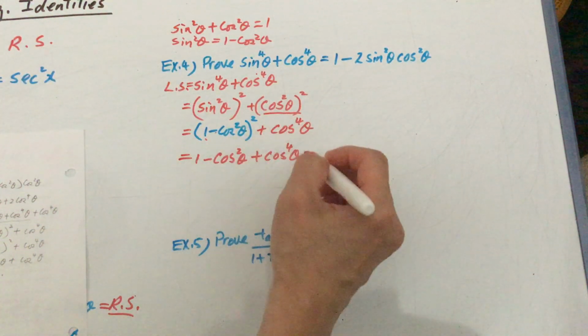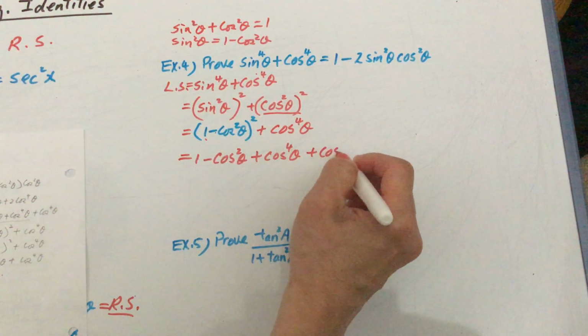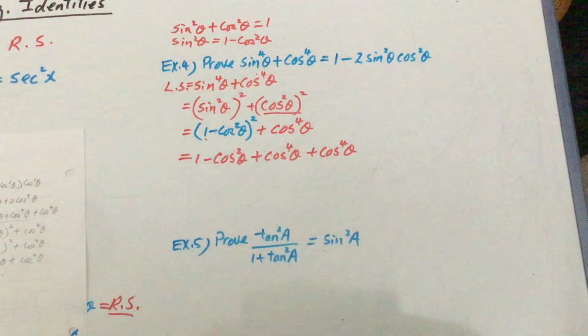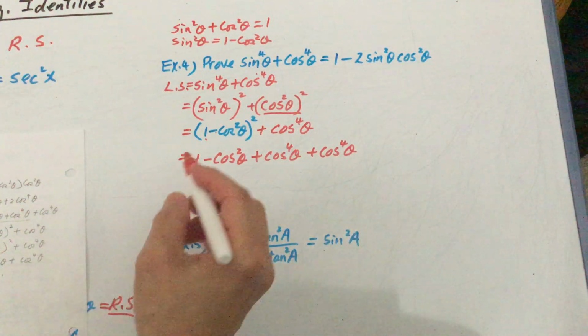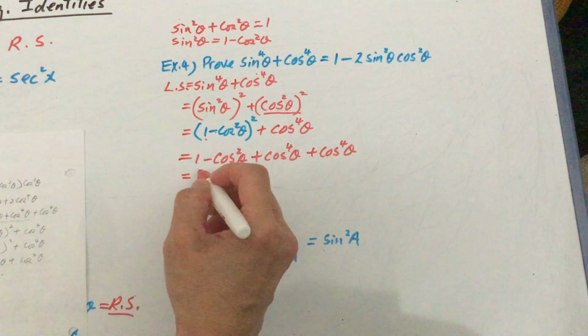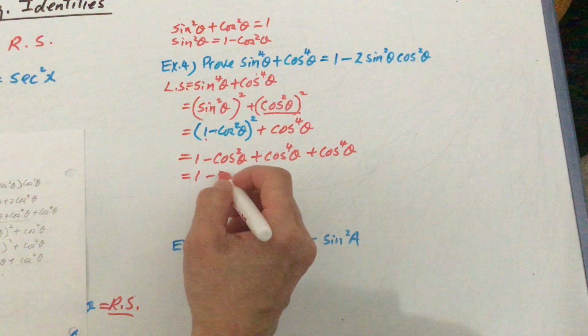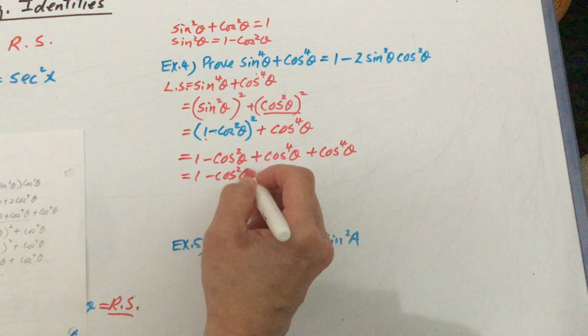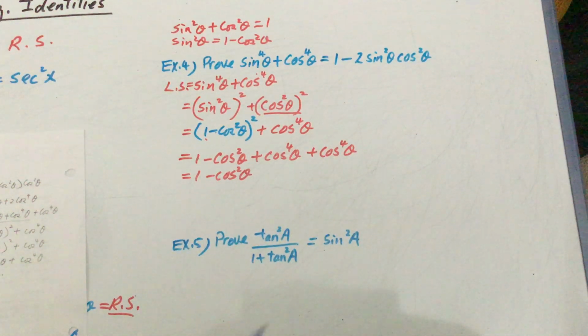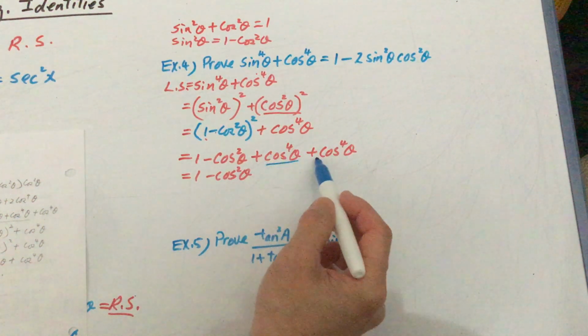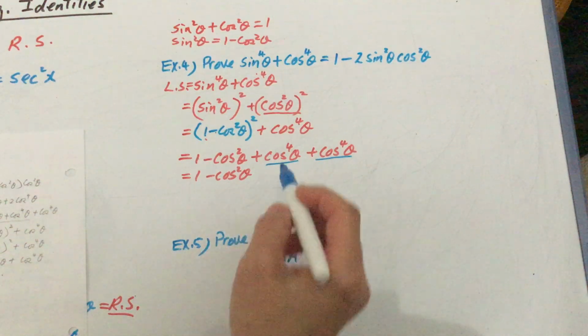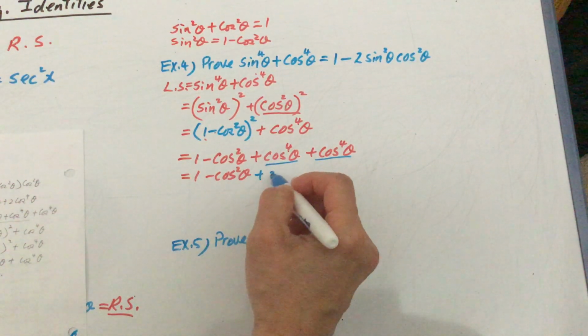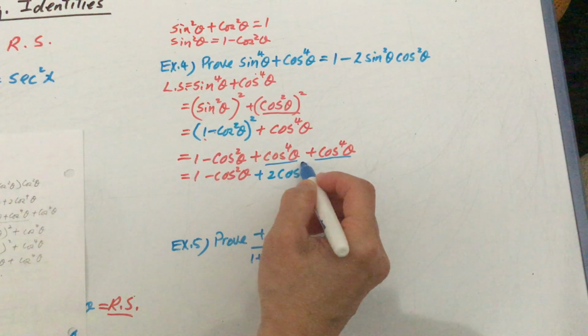Then I'm adding this cos to the 4th theta at the end. So I will have 1 minus cos squared theta, collecting like terms here, plus 2 cos to the 4th theta.